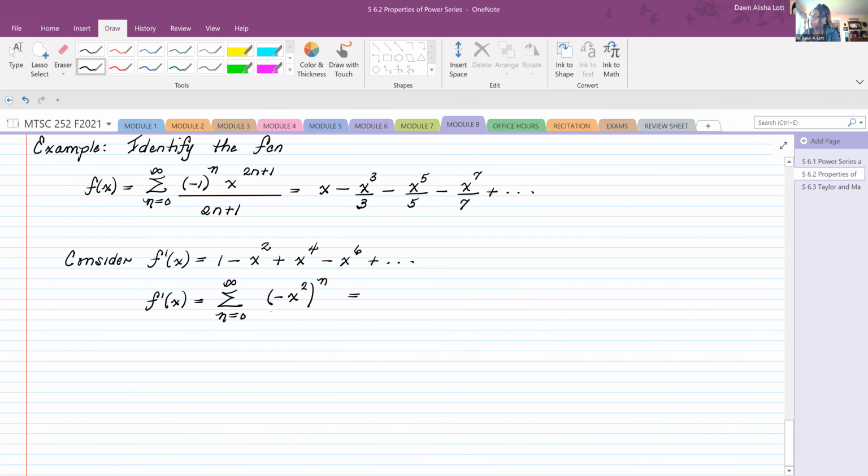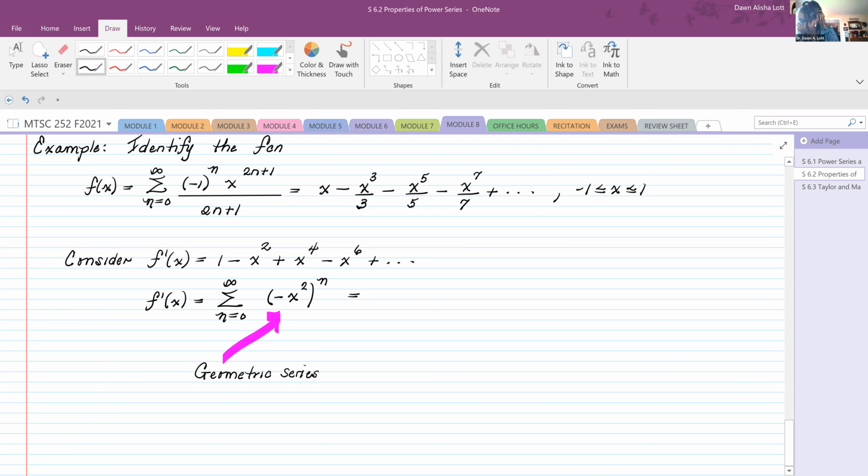Now it looks to me like a geometric series. And I meant to tell you back up here, this thing is only valid between -1 and 1.